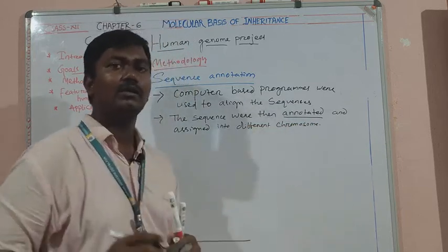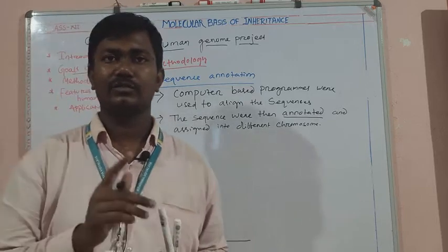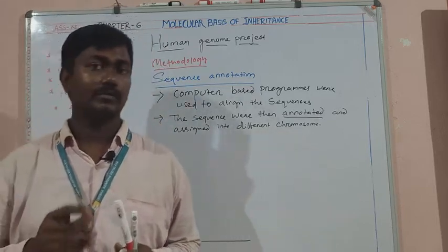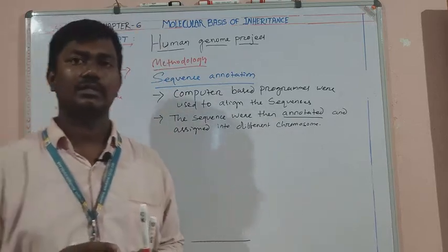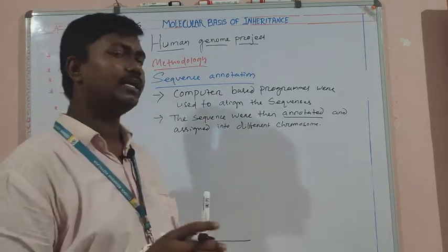Remember, all chromosomes of human, that is 22 pairs of autosomes, X chromosome and Y chromosome, are sequenced already.